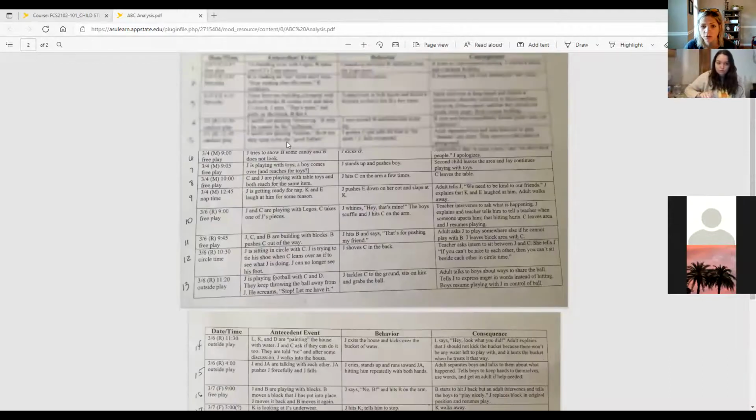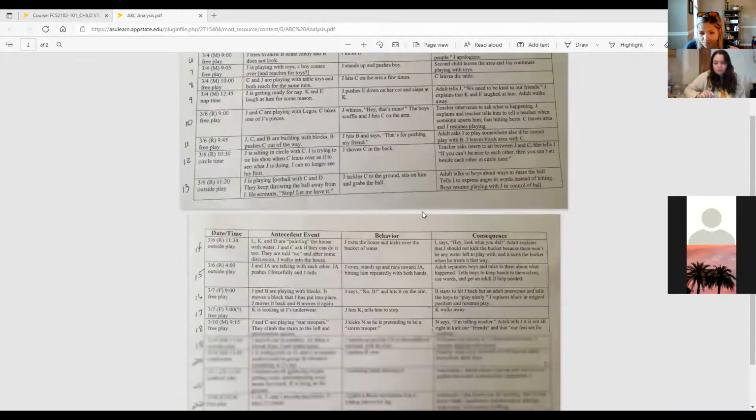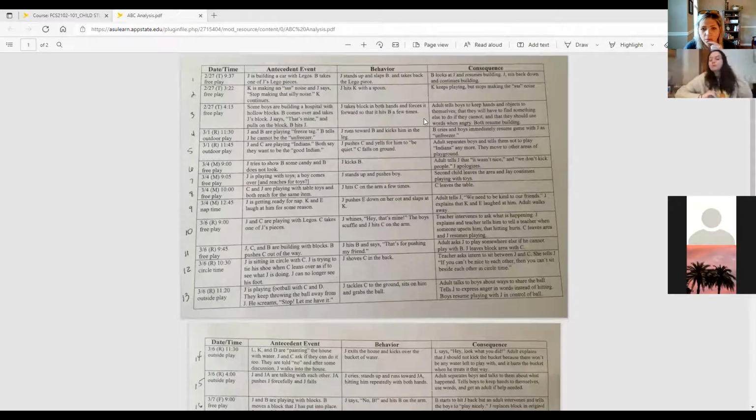The teachers are looking at instances of aggression. In that behavior column, you're going to see where the child named J is aggressing towards other children in the classroom.